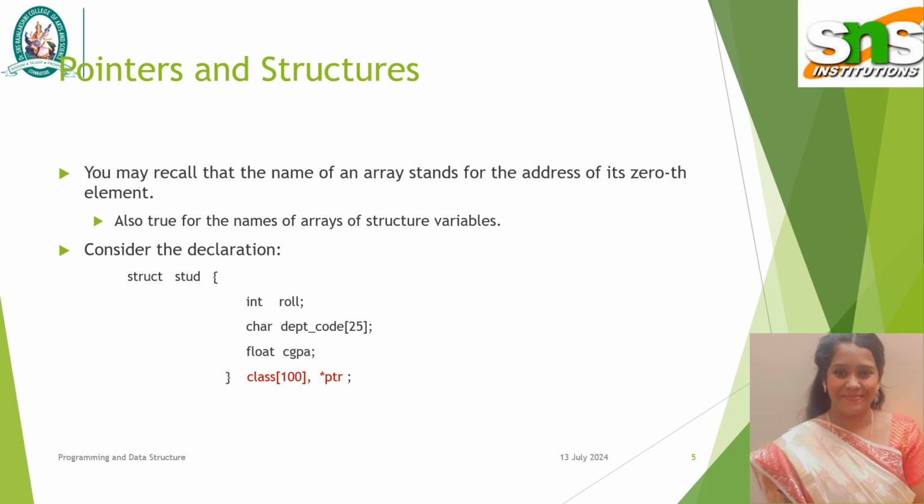So this is about pointers and structures. When we go for pointers and structures, the name of the array stands for the address of the 0th element. This also holds for an array of structure variables. For example, instead of a structure variable, we can use an array of structures, class[100], and a pointer star PTR.